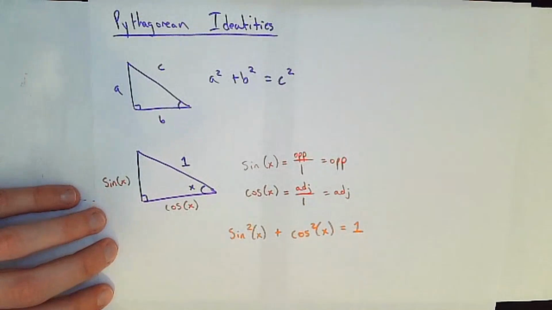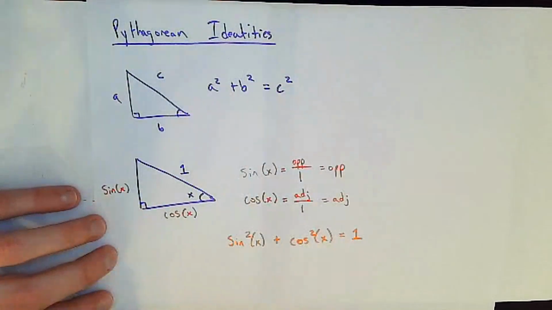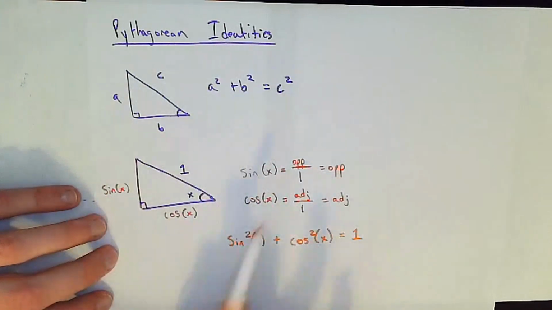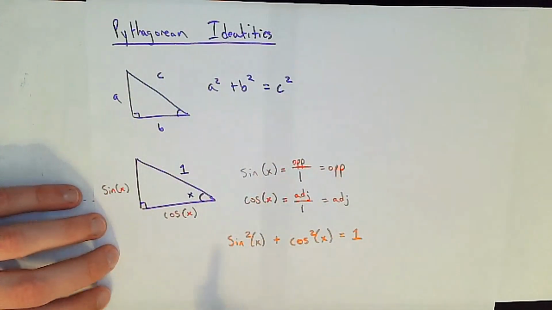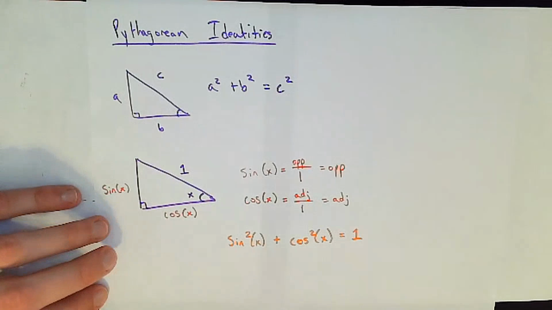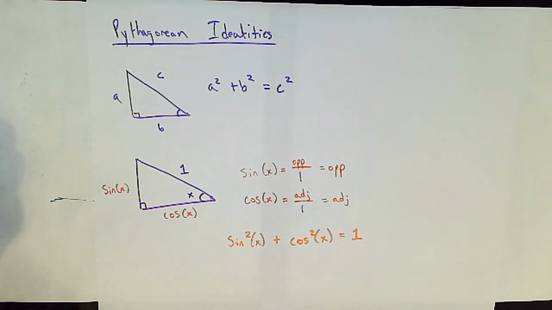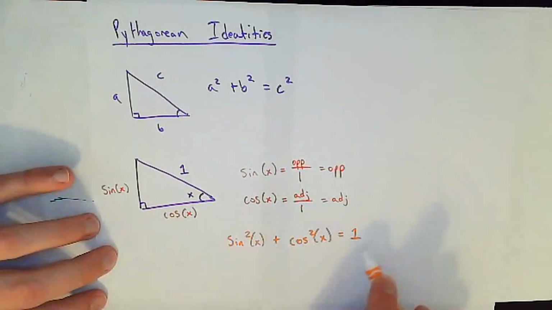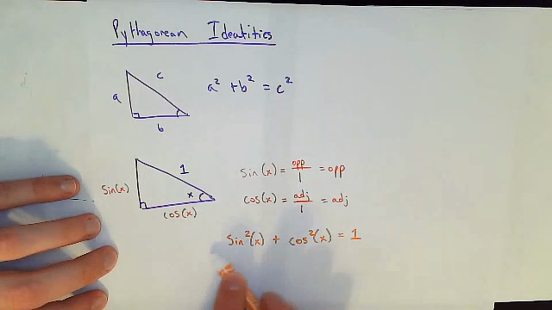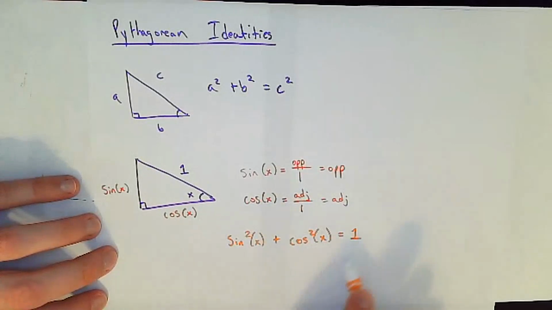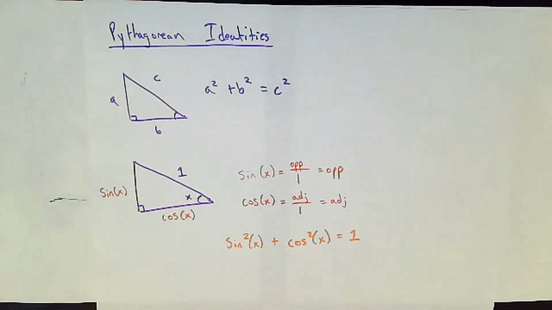I mean, Pythagorean identity. Sorry, this is the Pythagorean theorem, I mean, it's just a special case of it. But anyways, this is the Pythagorean theorem, and this is called the Pythagorean identity. And actually, there's more than one Pythagorean identity. This is like the classic base case here.